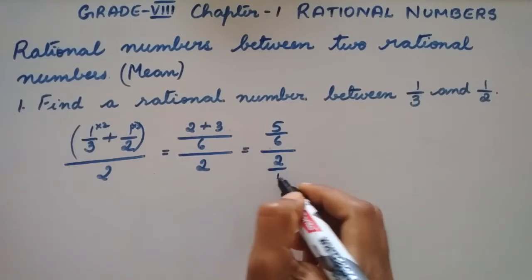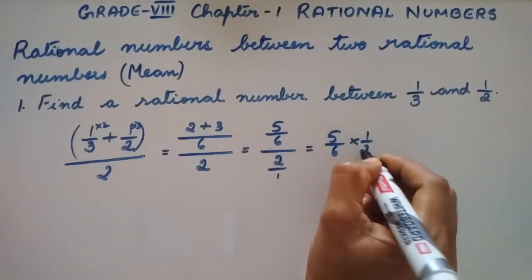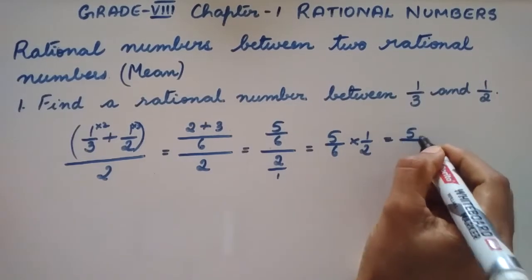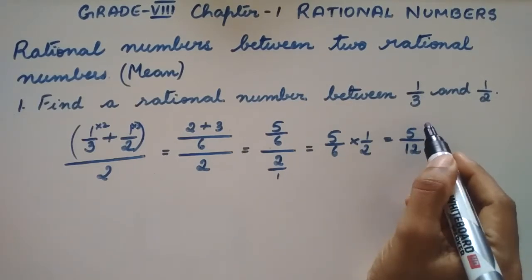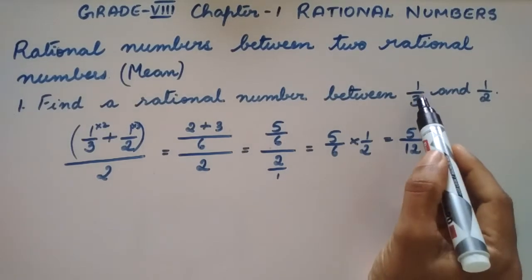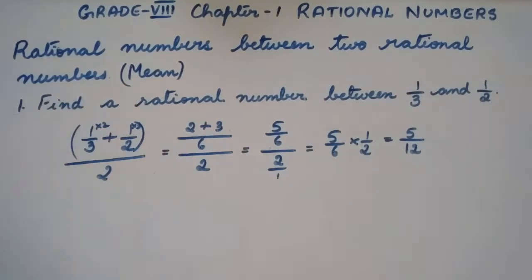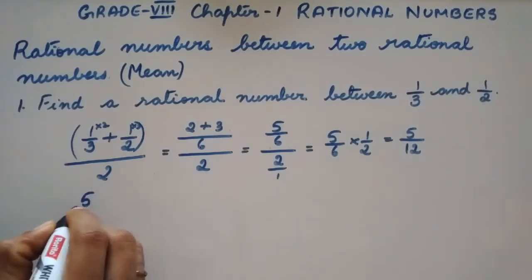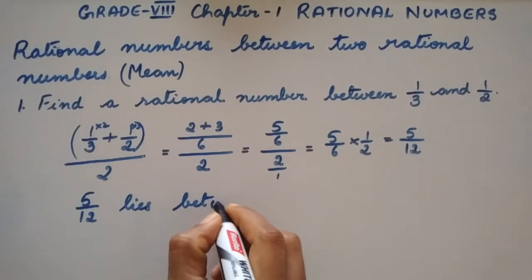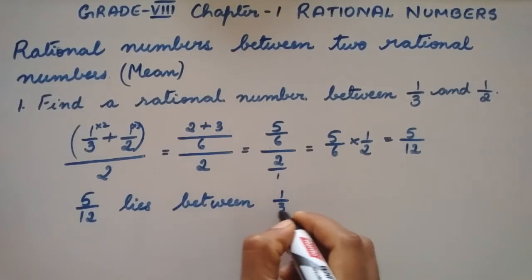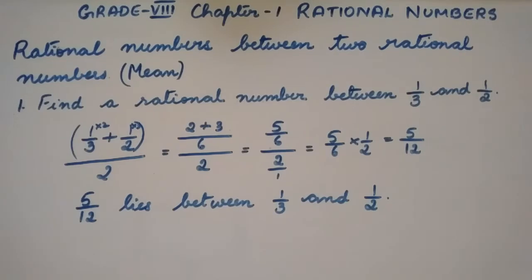This 2 is nothing but 2 by 1. It is equal to 5 by 6 into 1 by 2, which is equal to 5 by 12. So 5 by 12 lies between the rational numbers 1 by 3 and 1 by 2.